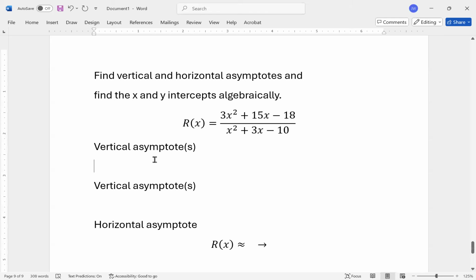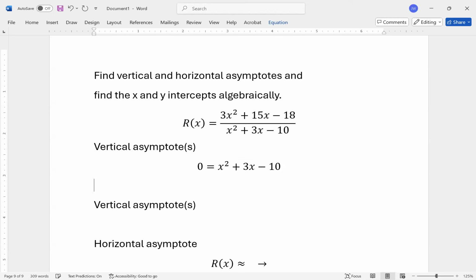All right, let's start with the vertical asymptote or vertical asymptotes. You could have multiple. And in all cases, what we do is set the denominator equal to 0. In this case, when we set the denominator equal to 0, I get a quadratic equal to 0. That means I can solve this quadratic. The straightforward way of solving this particular quadratic is by factoring.